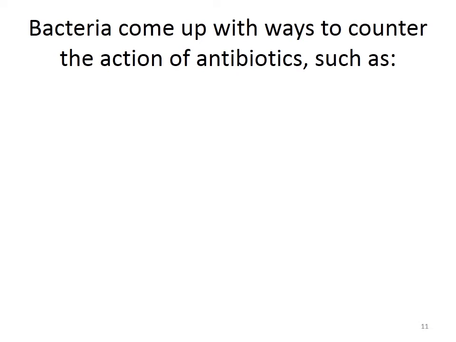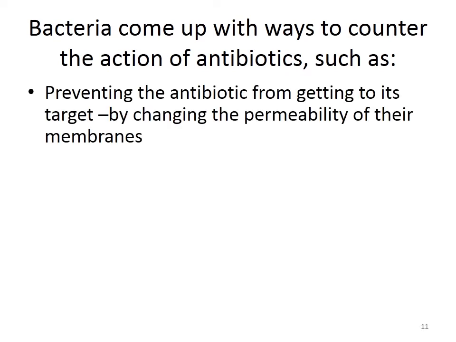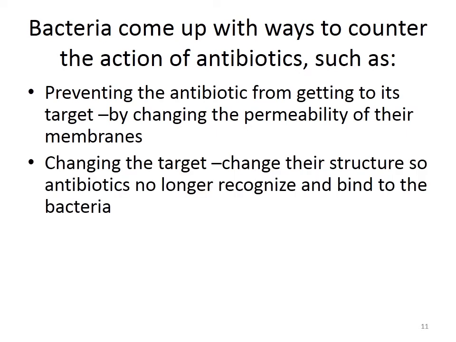Well, bacteria come up with many ways to counter the action of antibiotics, thus antibiotic resistance. They can prevent the antibiotic from getting to its target. They do this by changing the permeability of the membranes, for example. They can change the target. So they can make themselves almost invisible, right, and more like a host cell.